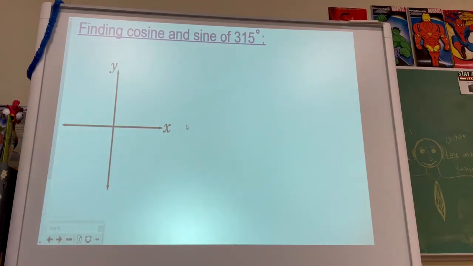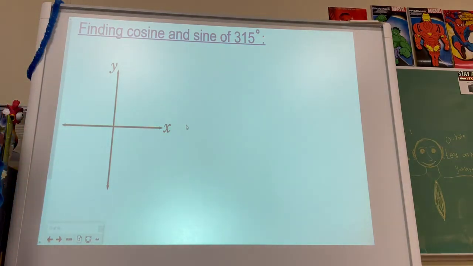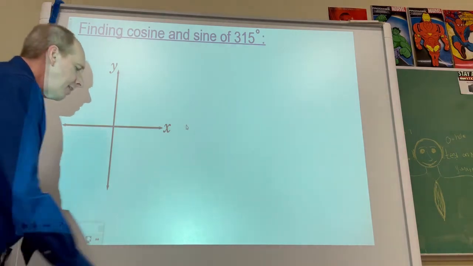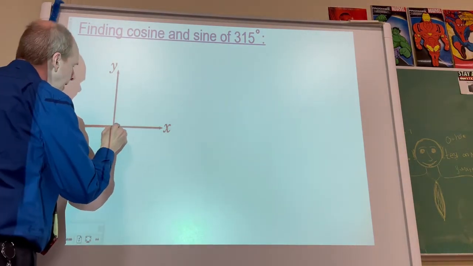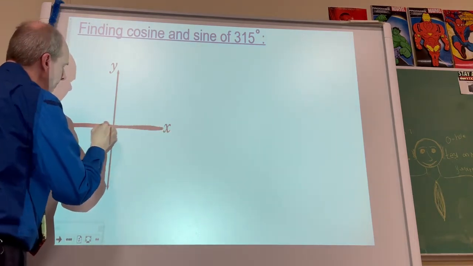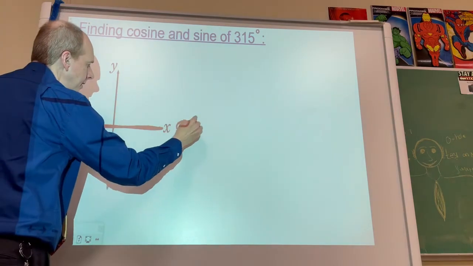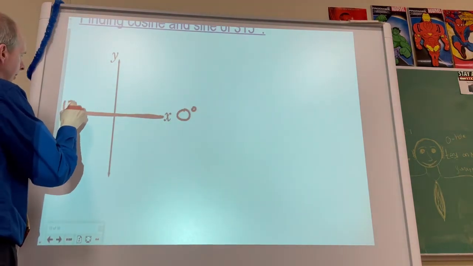So, knowing our 45 degrees, we can find any 45 degree reference angle here. Here's what I mean by a reference angle. We look at the x-axis. That's our 0, that's our 180.